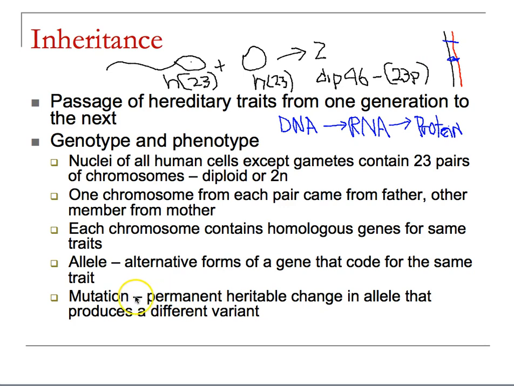And the significance here is it's an "if." The entire portion of the inheritance section of your textbook is: if something has happened, then you should be able to predict what you're looking for. So a mutation is a permanent heritable change in an allele that produces a variant. Let's put a little asterisk over here, and let's just say that maybe there's a mutation that confers some form of a disease state, which is what usually people are looking for to make this all make sense.